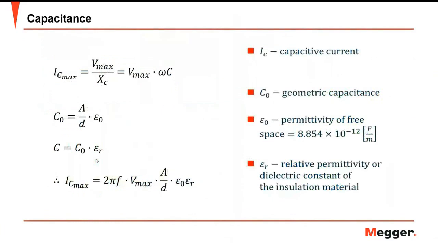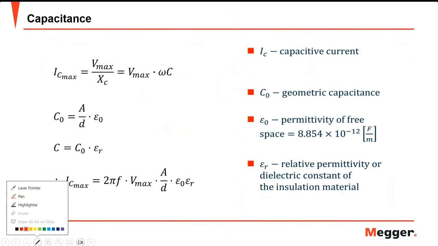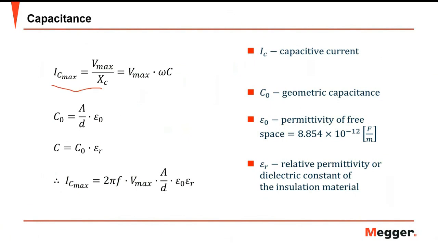But I just want to explain more about the capacitance, and why we cannot test a highly capacitive test object. Remember in our school days, in our engineering, we have this formula for the capacitance. For the current, we have the voltage divided by the XC.